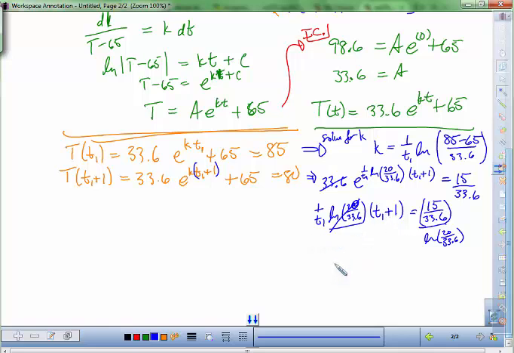and then this becomes 1 plus 1 over t sub 1. Then I have to add 1 and take the reciprocal. Well, you guys can do this on the calculator, right? So 15 over 33.6, I'm still carrying these uncomputed values.